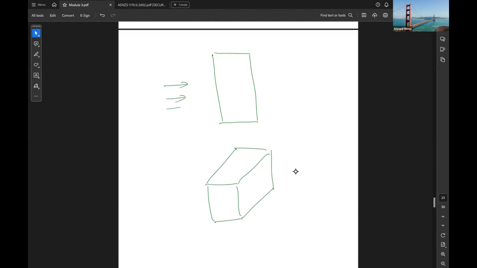So if the wind is coming from this direction, so this wall is windward, and this wall is leeward.